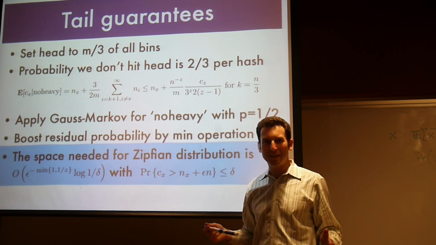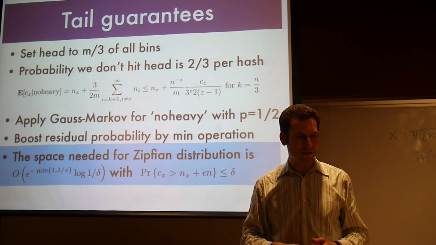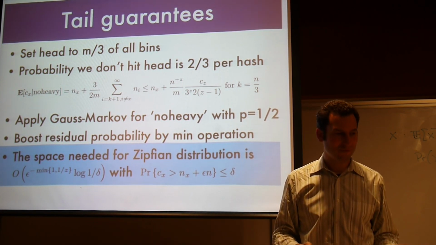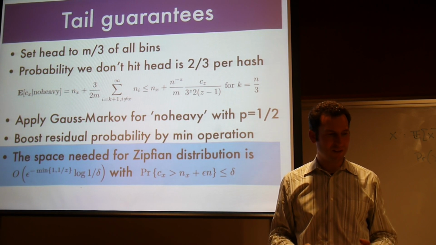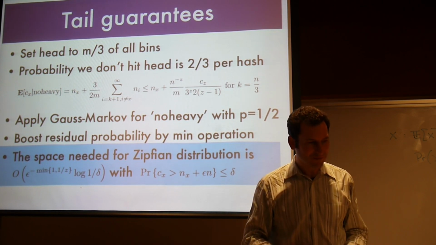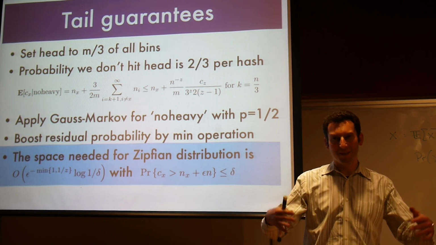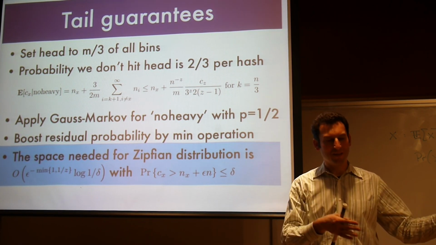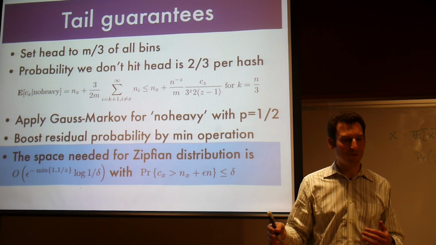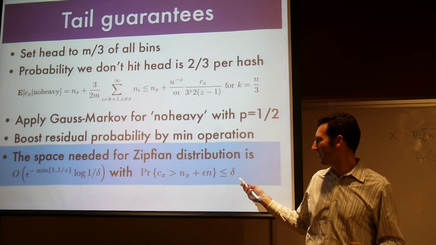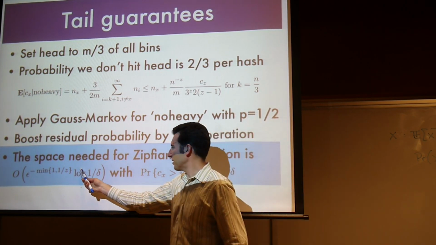So then the probability that we don't hit the head is 2/3. Makes sense. And then essentially I apply my standard argument for the case that we don't hit, and for heavy hitters I do a separate reasoning pattern. Okay, basically this is what you get.